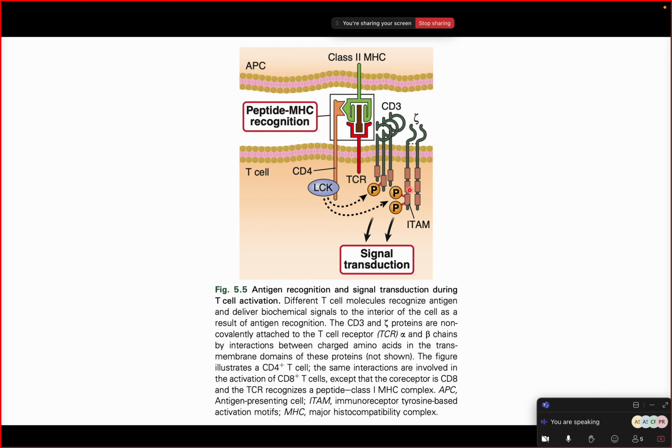It is just like normal signaling. I don't know how many of you have been exposed to cell signaling overall. Basically, in cell signaling there are 3-4 steps. First is the recognition of the receptor with the ligand. Here the ligand we are saying is the processed peptide. This ligand can be anything.